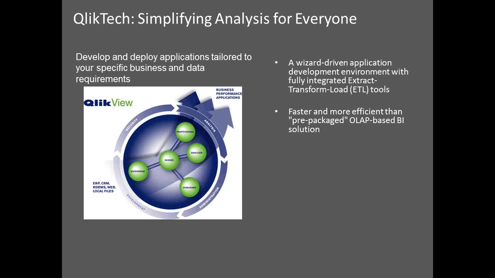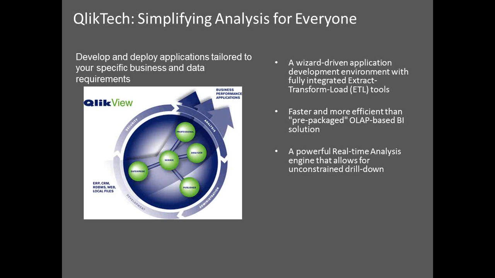Whereas in case of QlikView, as we will see in the architecture section of this webinar, data is not pre-aggregated. Data is stored in the most granular form, and hence it gives the facility to analyze data the way you want, from any slice and dice criteria you want, and it is equally fast as if you are analyzing data in a pre-built cube. So faster and efficient access is the second differentiator that QlikView has.